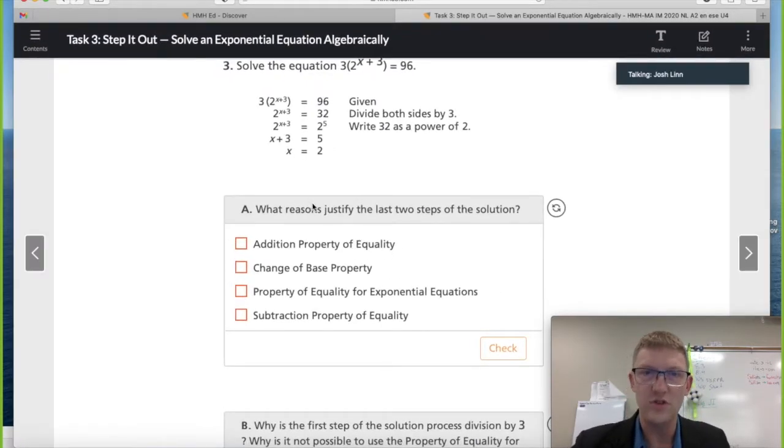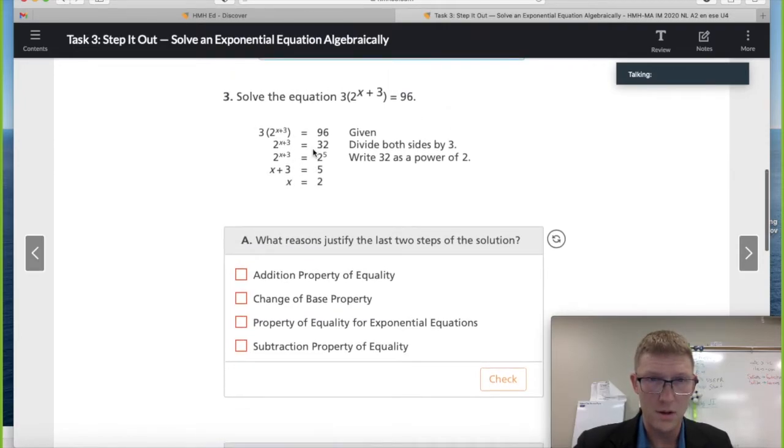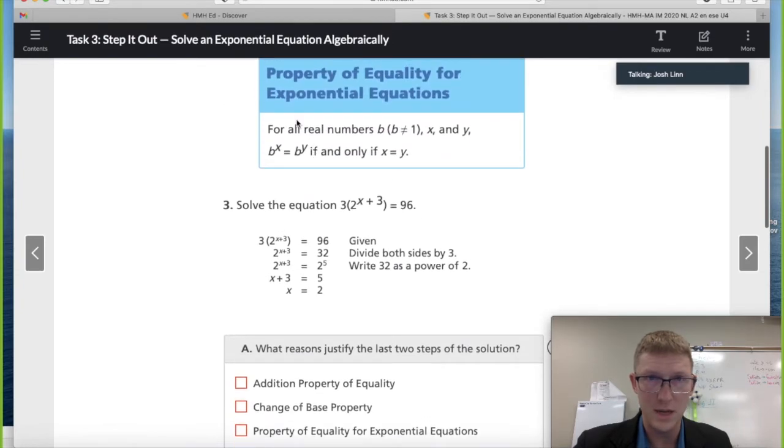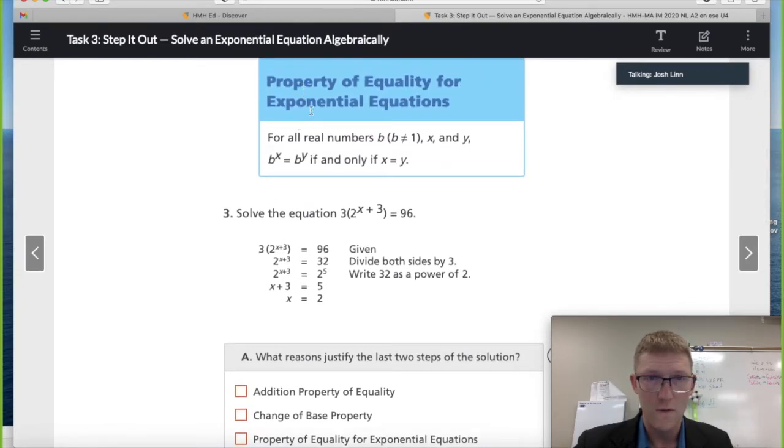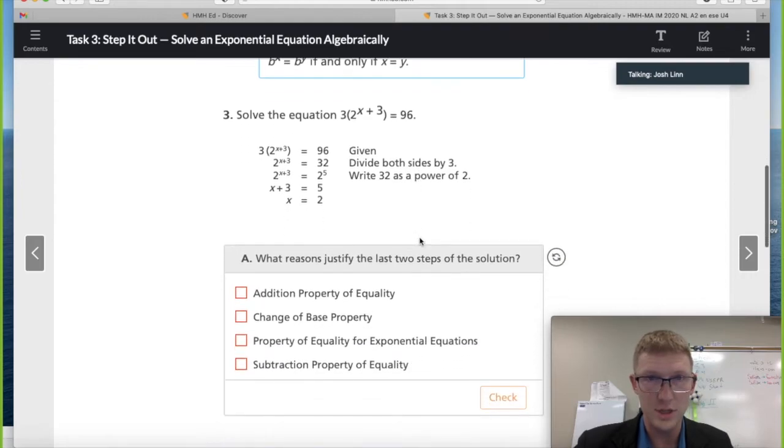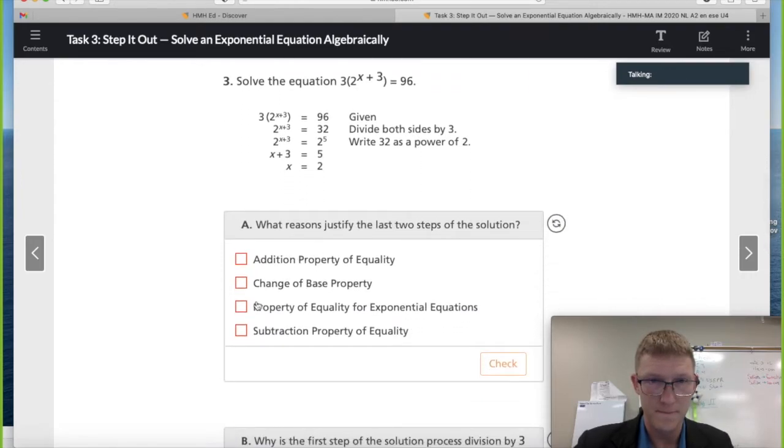What reasons justify the last 2 steps of the equation? I would say property of equality for exponential equations, because that's what we just learned. And then the subtraction property of equality.